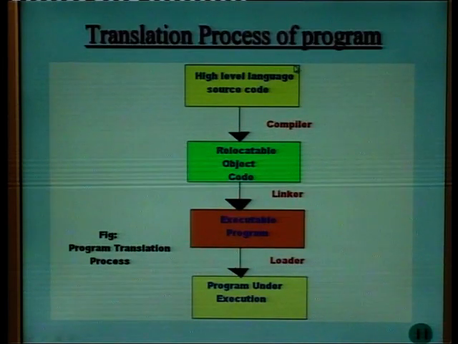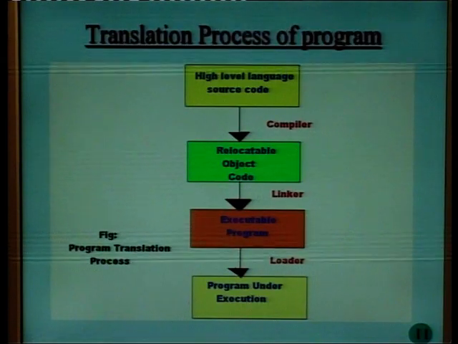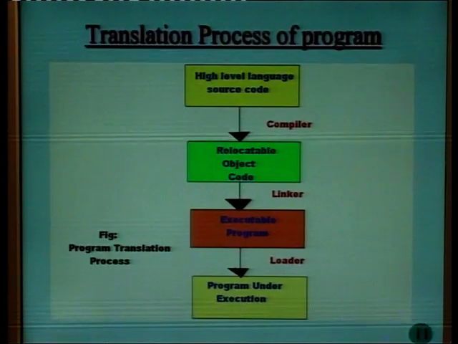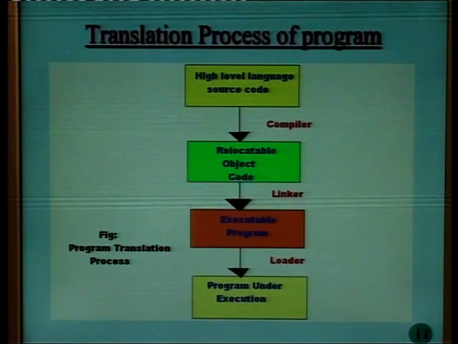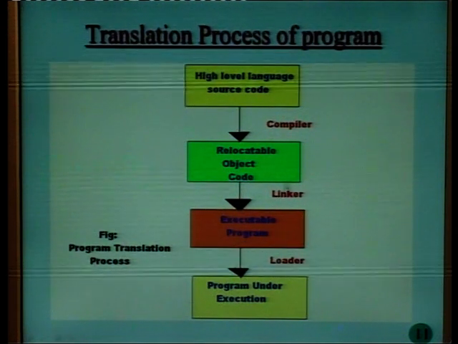So here at the top level we have editors, which are also a system program. In between we have a compiler, a language translator, and other language translators like assembler and interpreter.